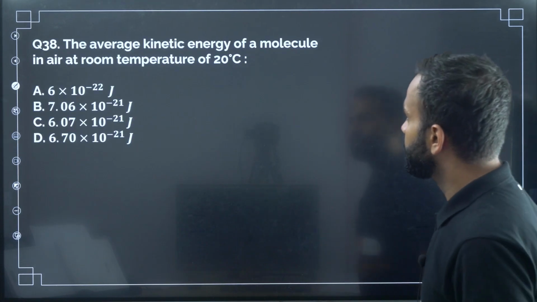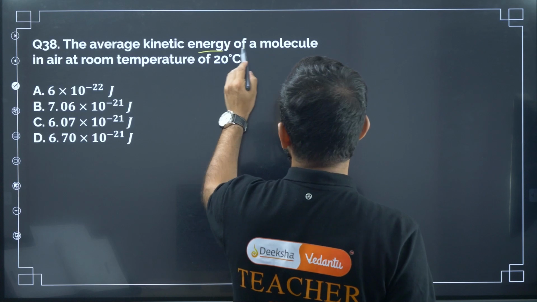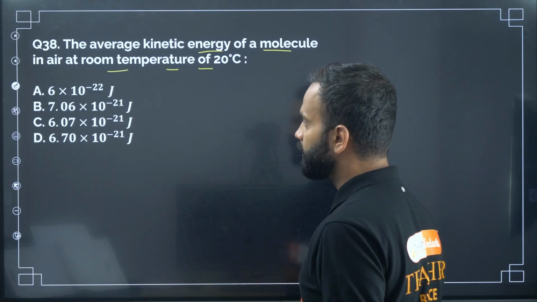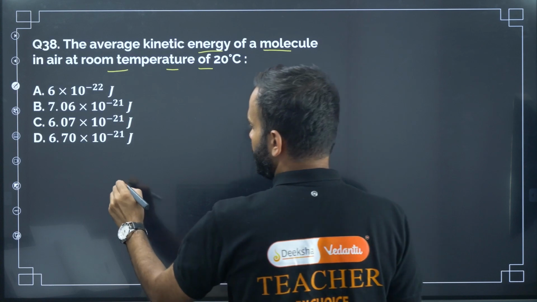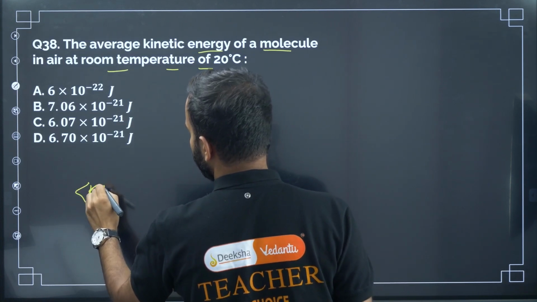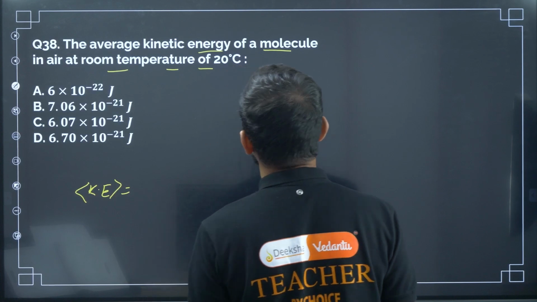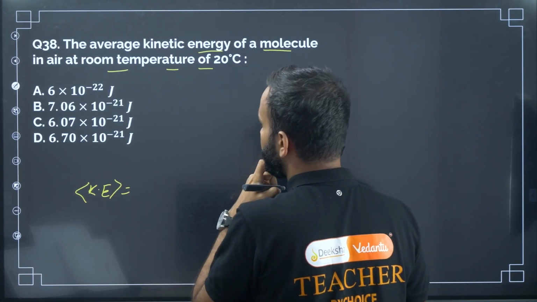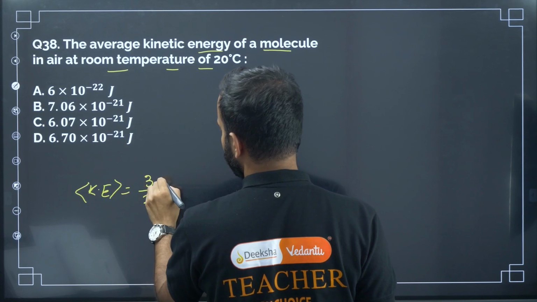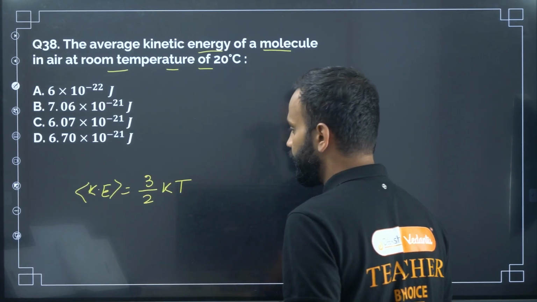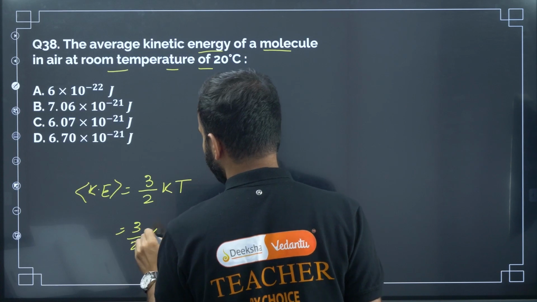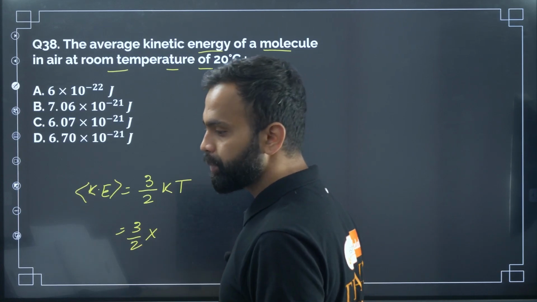Next question, question number 38. The average kinetic energy of the molecule in air at room temperature of 20 degrees Celsius. We know the expression of the average kinetic energy of the molecule, that is 3/2 kT, so 3/2 into kB, where k is Boltzmann constant.